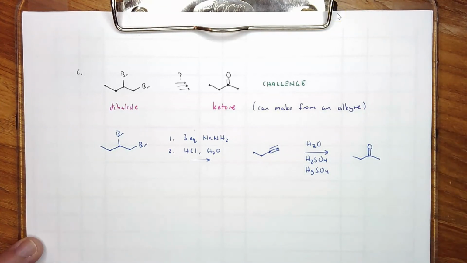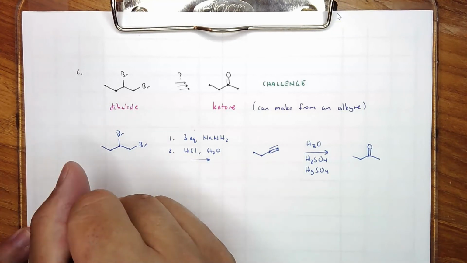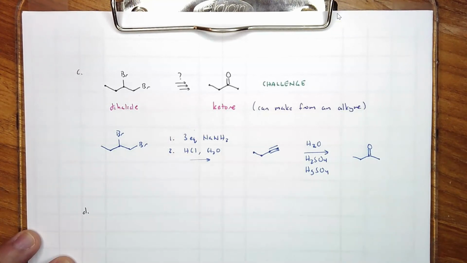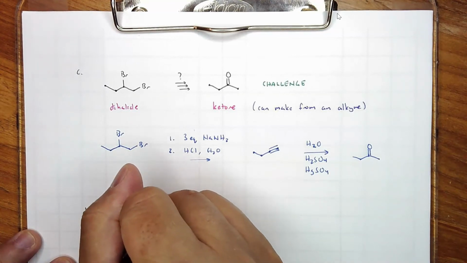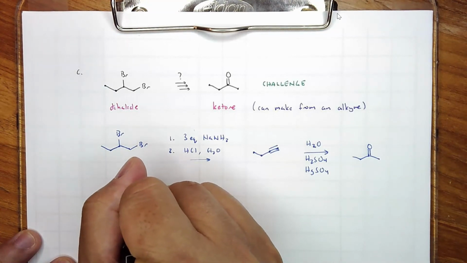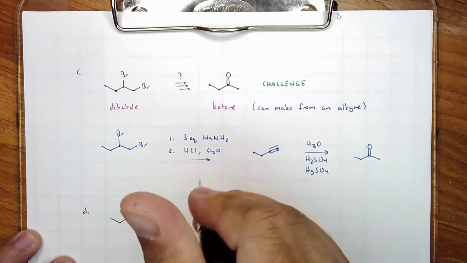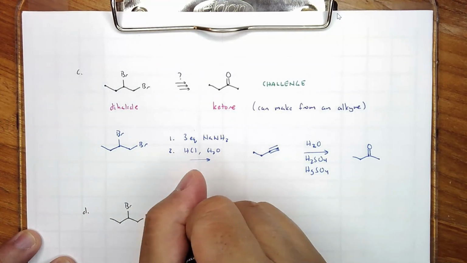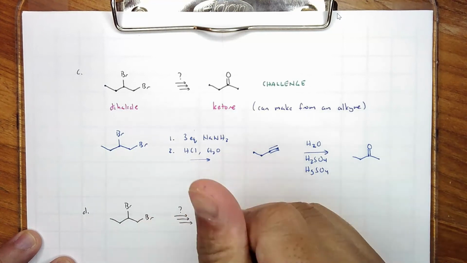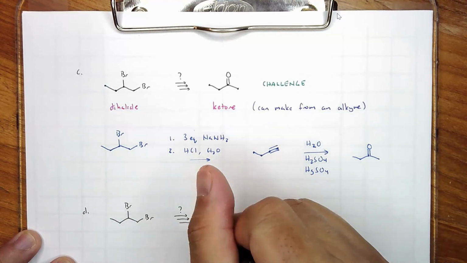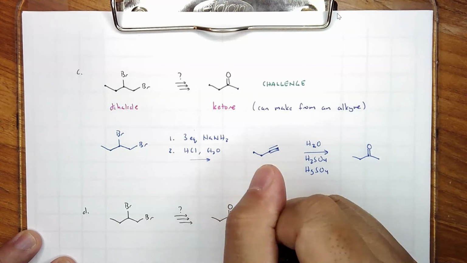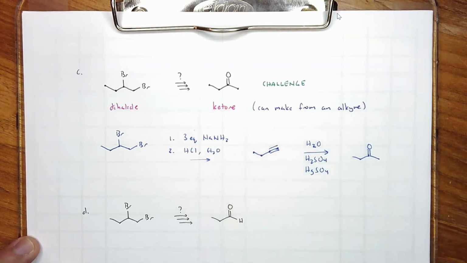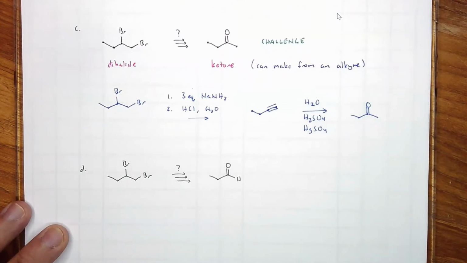I have time to do one more example, and it's this one right here. I'm going to use the same dihalide, and I'm going to make another carbonyl containing molecule, but it looks kind of strange because we are missing a carbon.